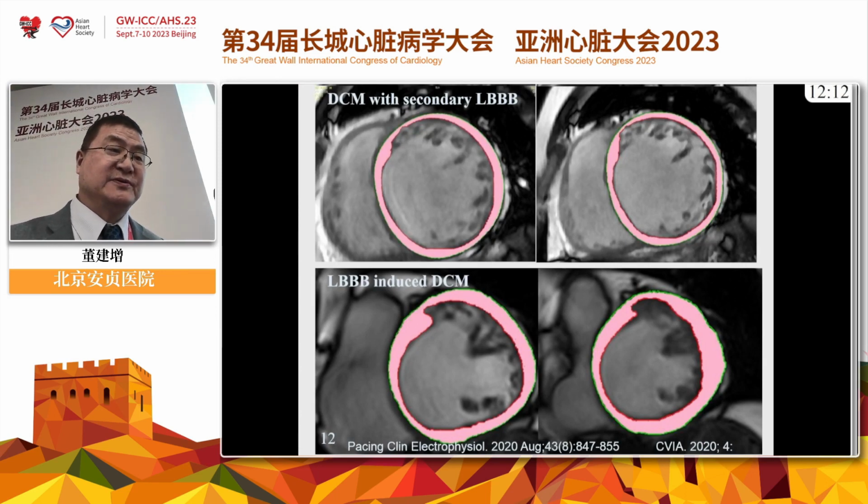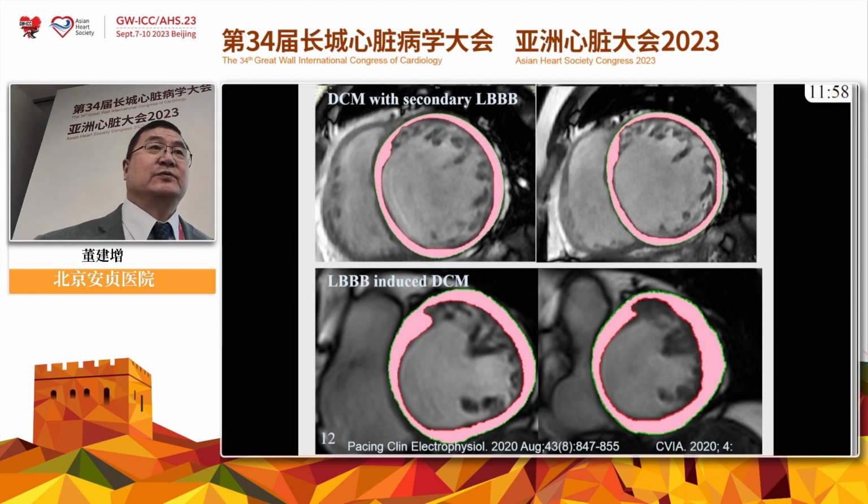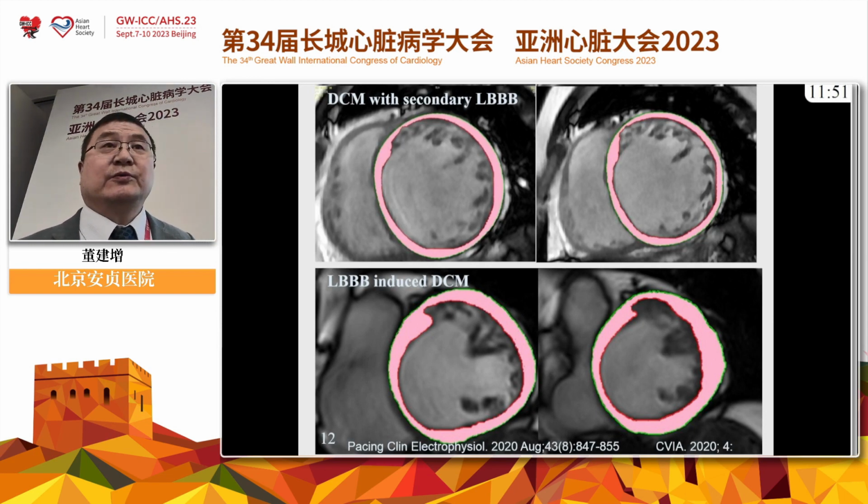Heart failure with reduced ejection fraction and left bundle branch block is now a good indication for cardiac resynchronization therapy. But some patients respond well to CRT, and some patients don't respond.